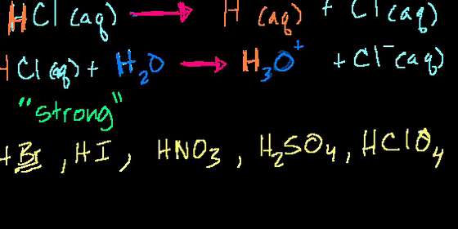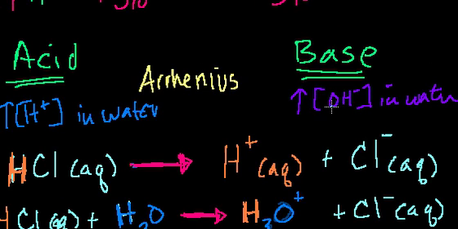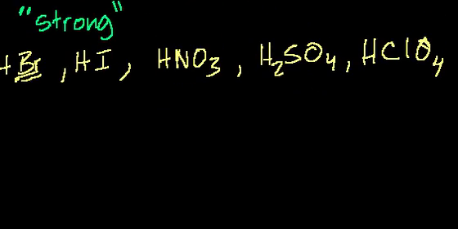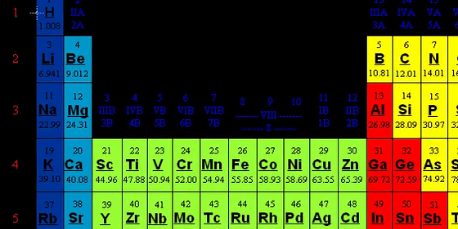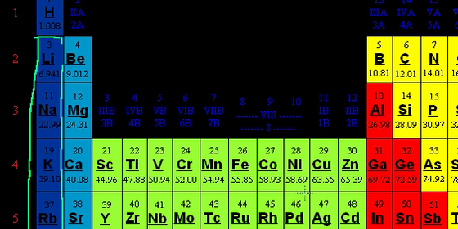And now, if you went on the strong base side, by Arrhenius's definition, a base is something that creates hydroxide ions or anions in water. So pretty much anything, if you look at the periodic table, any of your group 1 elements, your alkaline earth metals, bonded with hydroxide, if you put them in water, the hydroxide pops off.